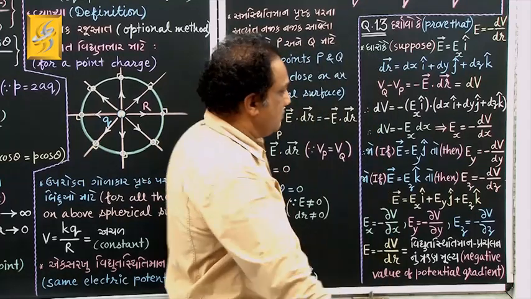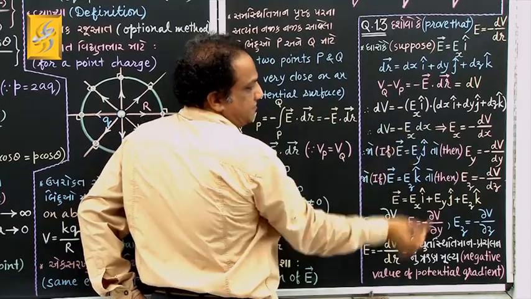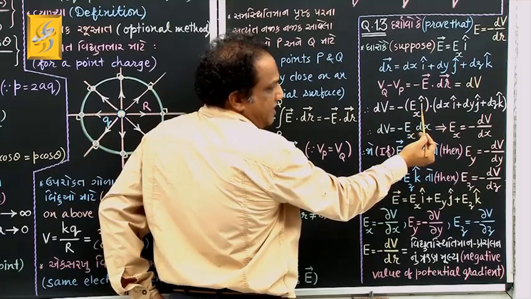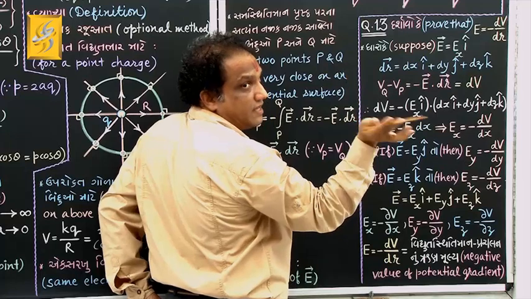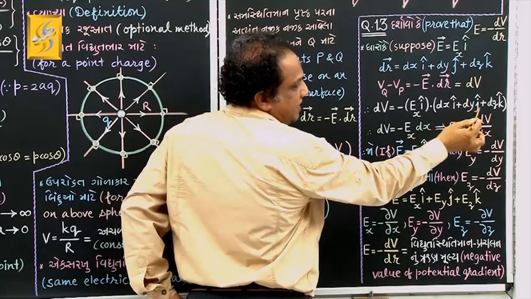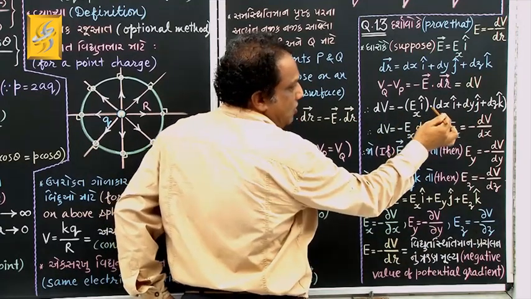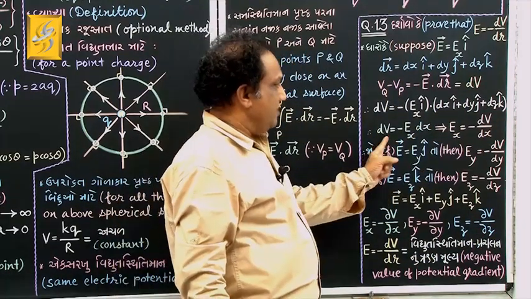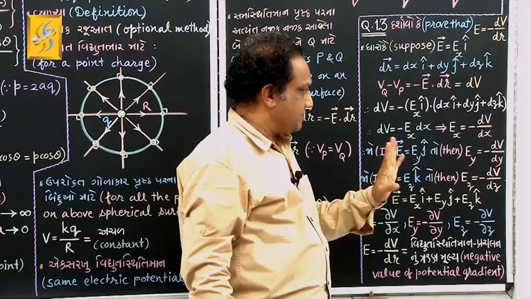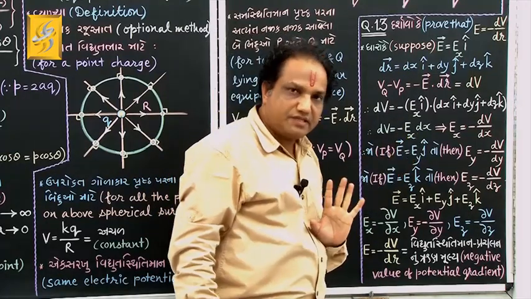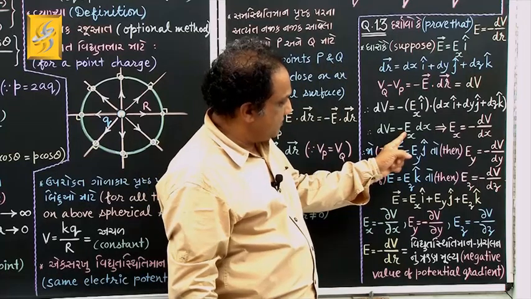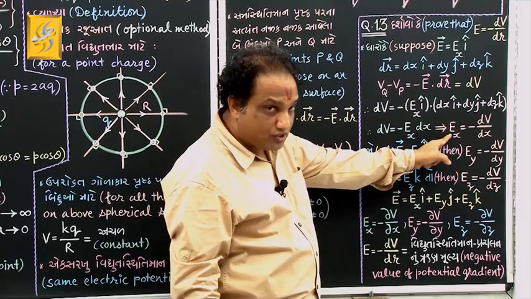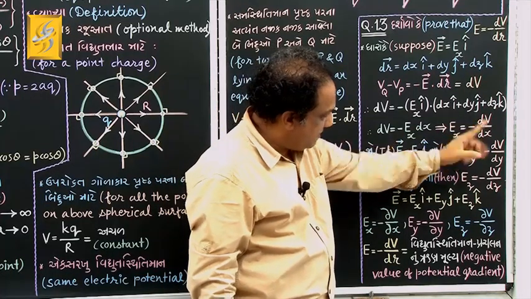Just take the dot product: minus as it is, Ex into dx, but i hat dot i hat is 1, and i hat dot j hat is 0, i hat dot k hat is also 0, correct? So dV equals minus Ex dx. Now find Ex from here: Ex equals minus dV by dx.